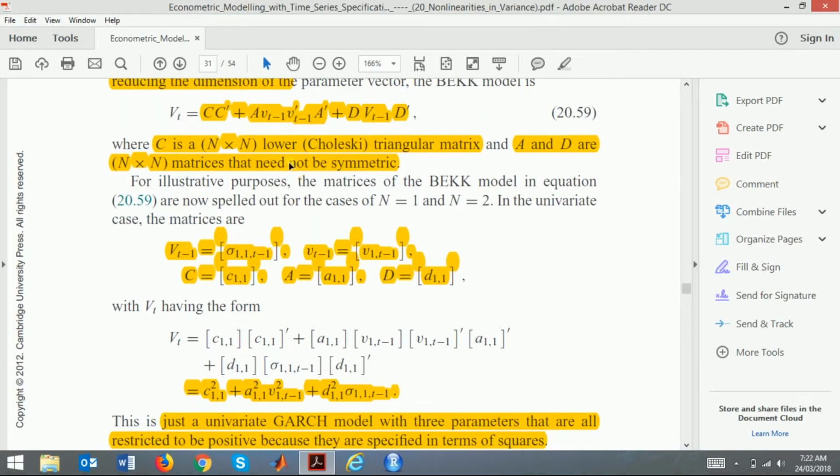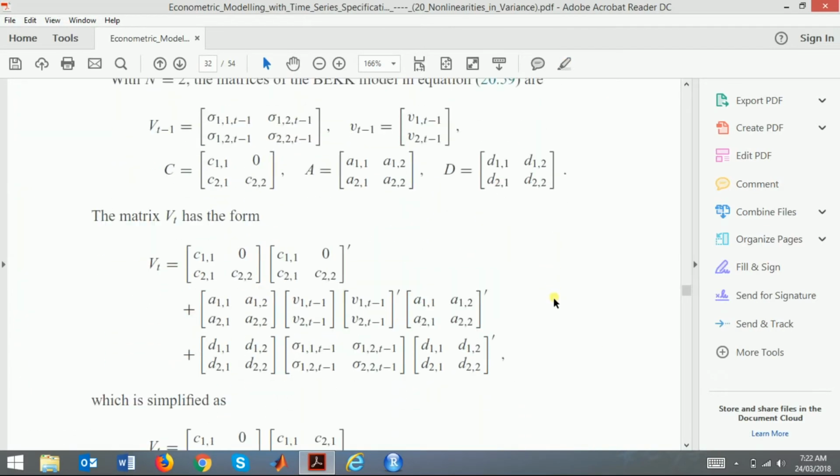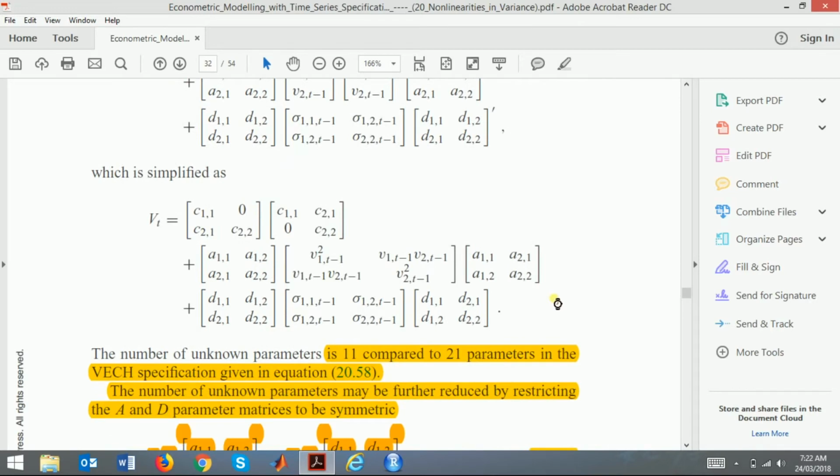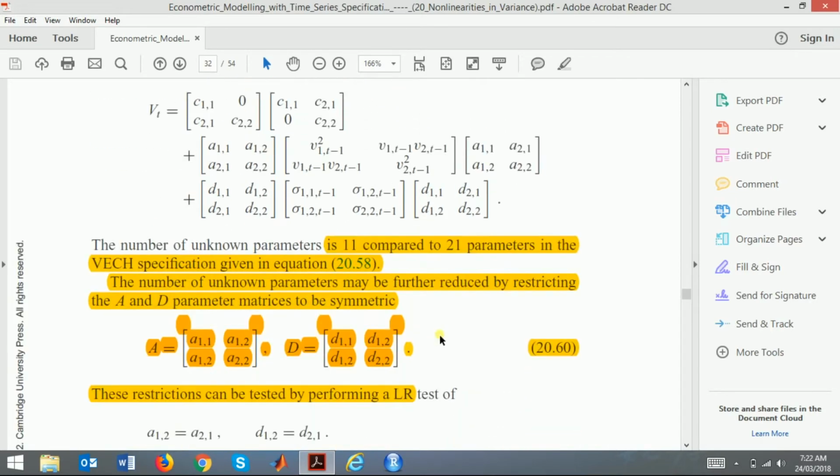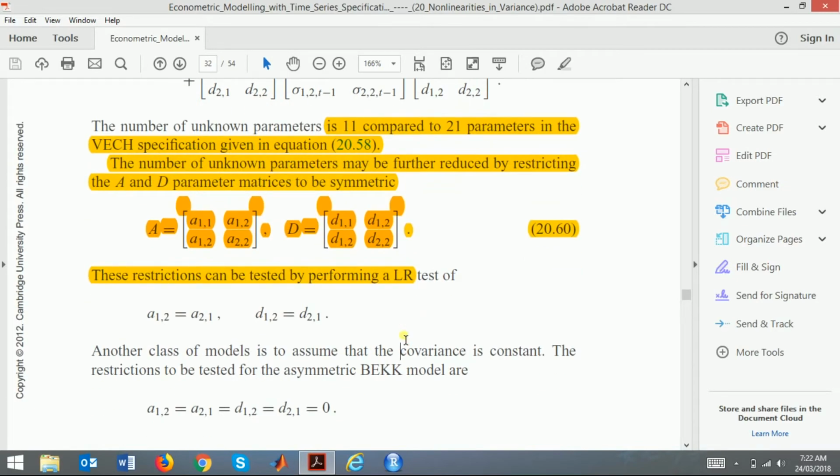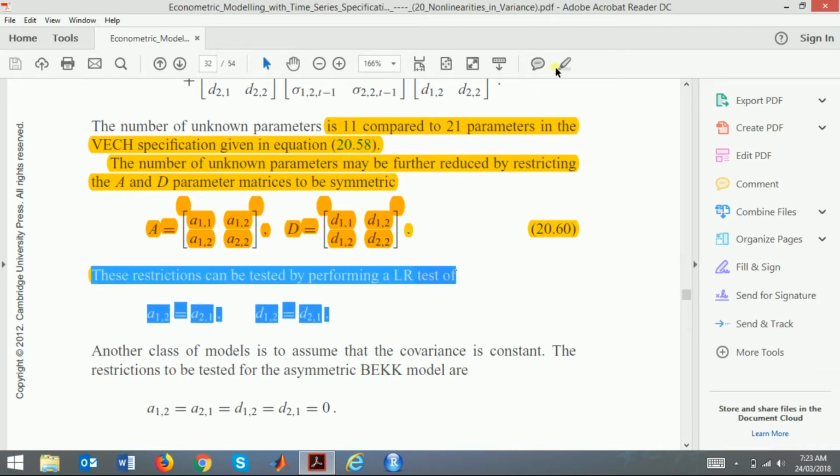So what did we do? We assume these to be lower Cholesky decomposition. This is the equation. Beautiful. I just saved the highlights, so we can do the restrictions. We can test the restrictions with an LR test.